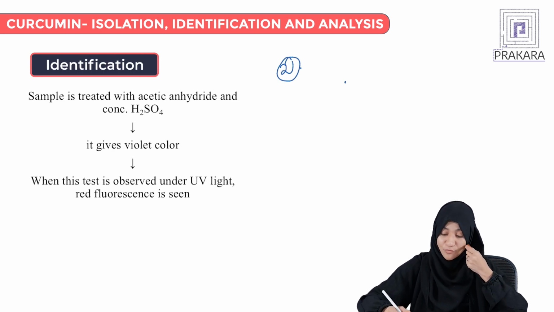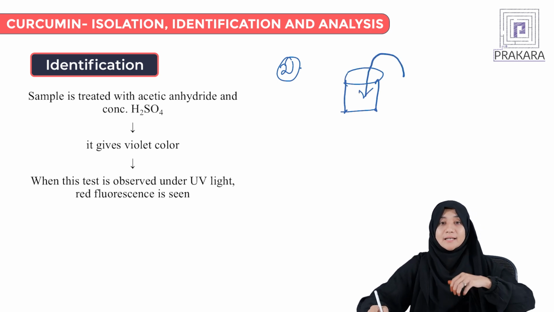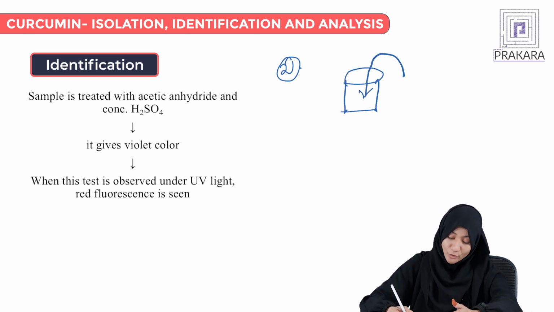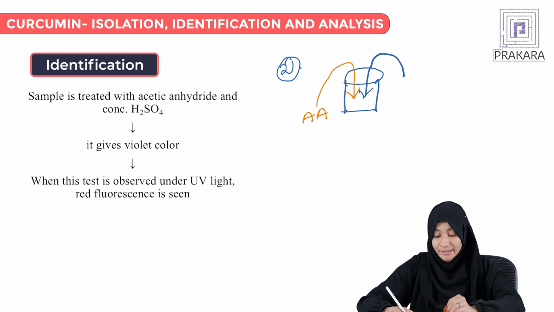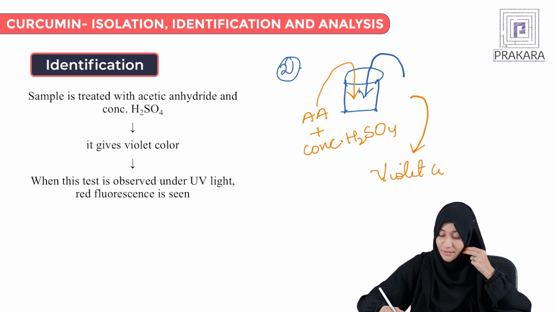In identification, you take the sample which you have isolated, add some amount of sample, and treat it with acetic anhydride. After that you add concentrated sulfuric acid to it. After adding it, you will see a violet color appearance.